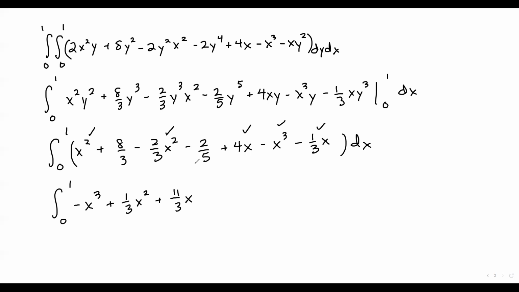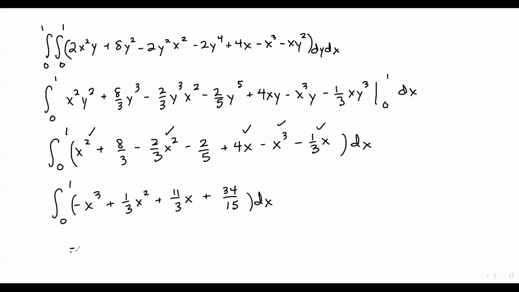And then 8/3 minus 2/5. I don't know, what is that? That's 40/15 minus 6/15, 34/15. Yep, that looks right. All right, and then dx.